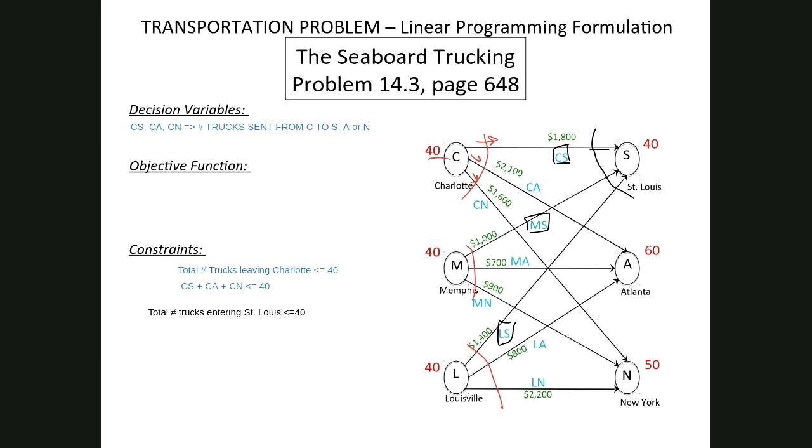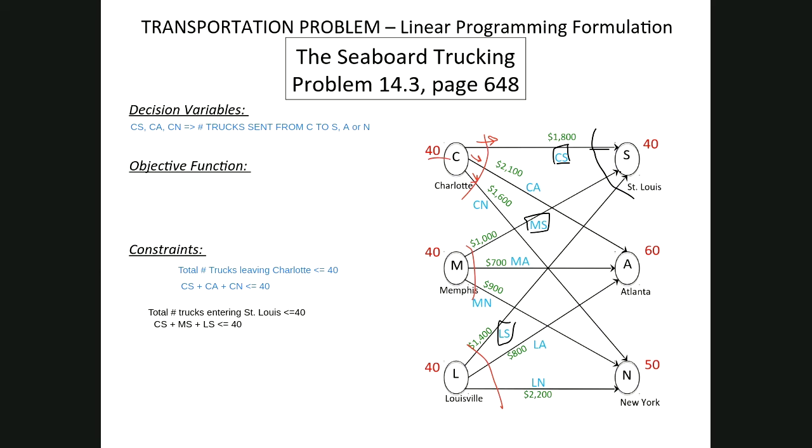Again, this needs to be less than or equal to 40 trucks. And you would do the same for Atlanta, except now we have CA going to Atlanta plus MA plus LA, which in this case is less than or equal to 60 trucks.